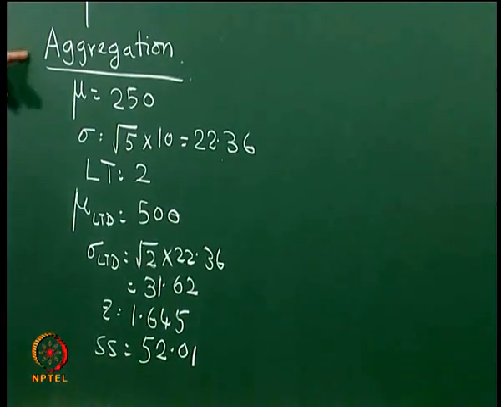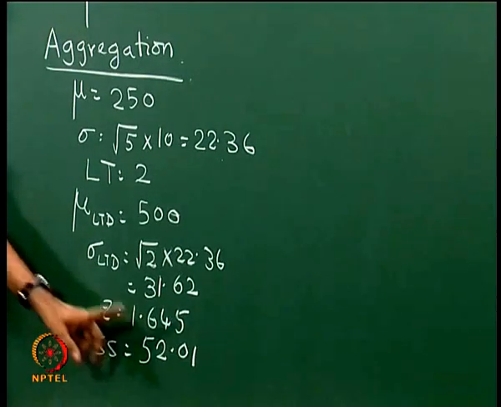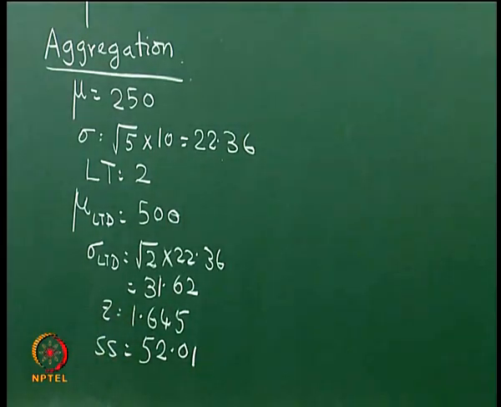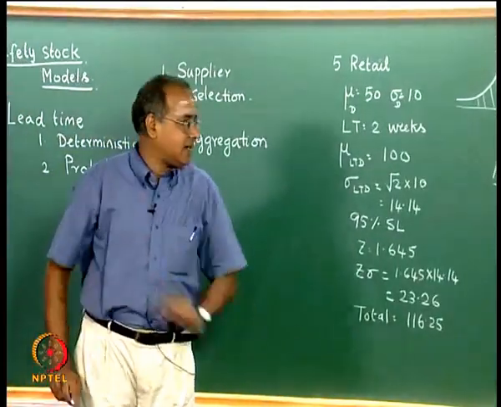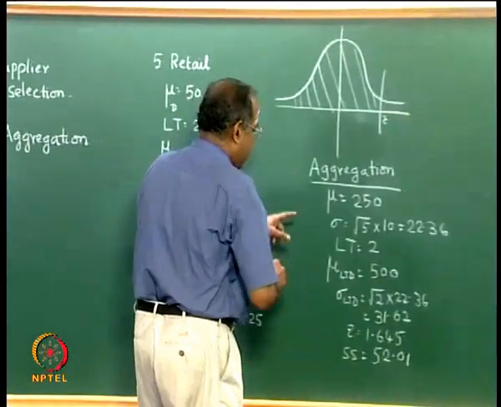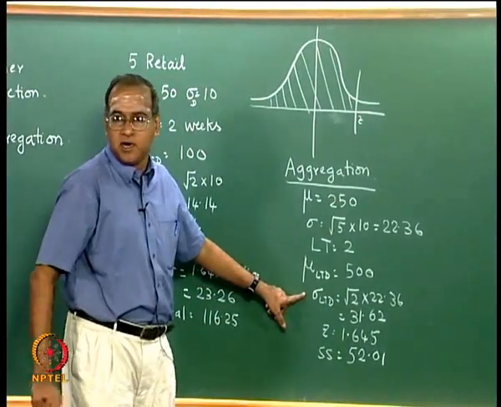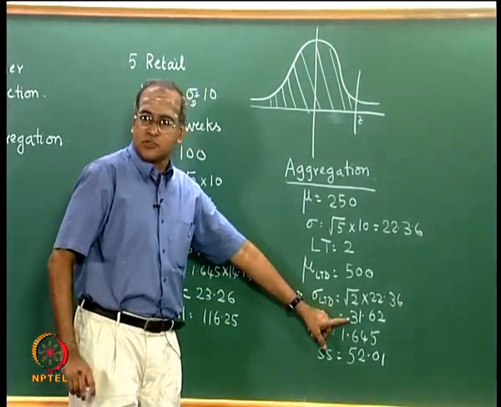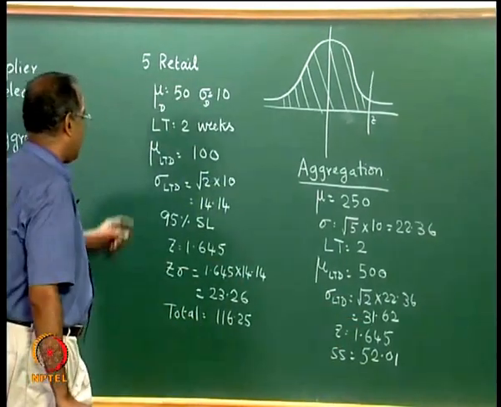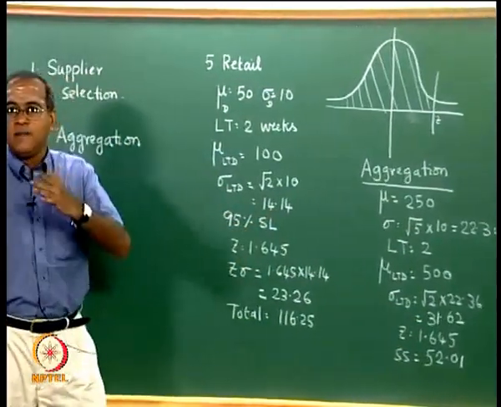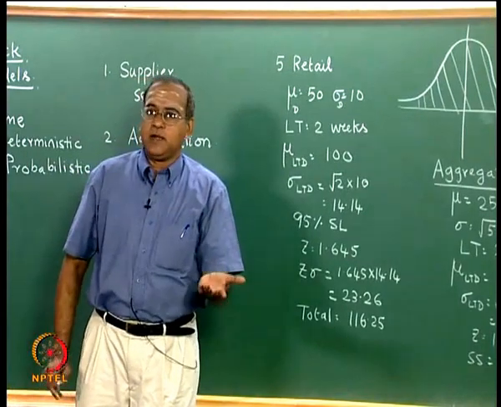When we are able to aggregate all of them and bring it together in the same place, then we realize that the safety stock is actually 52.01 instead of 116.25. The place we actually gained was in the fact that the standard deviation of lead time demand is 31.62 here for the aggregated, while it is 14.14, and it is going to effectively get multiplied by 5.